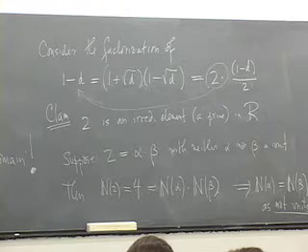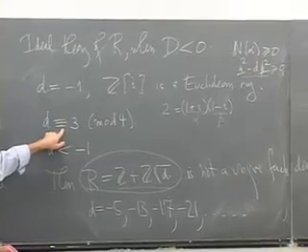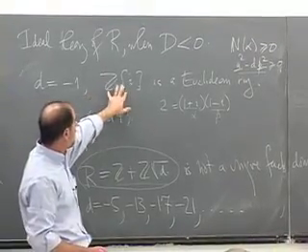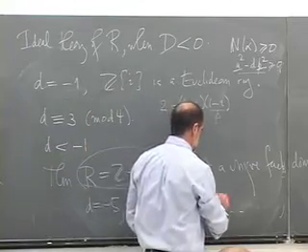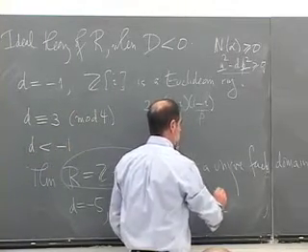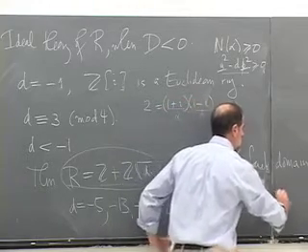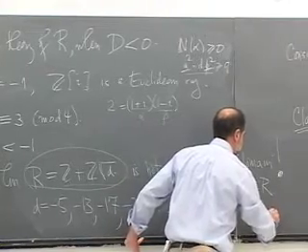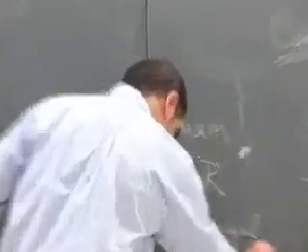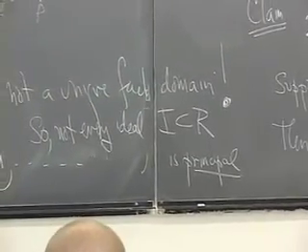Now this argument only works for d congruent to 3 mod 4. And it turns out there are other cases besides the Gaussian numbers that are not unique factorization. Let's say even stronger, not every ideal I in R is principal, because if every ideal were principal, we would have unique factorization domains.